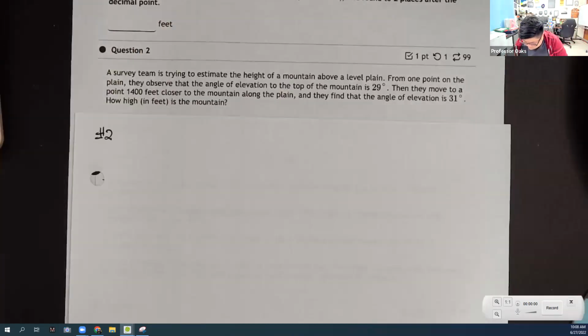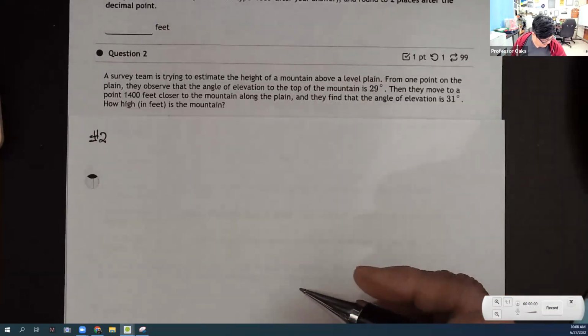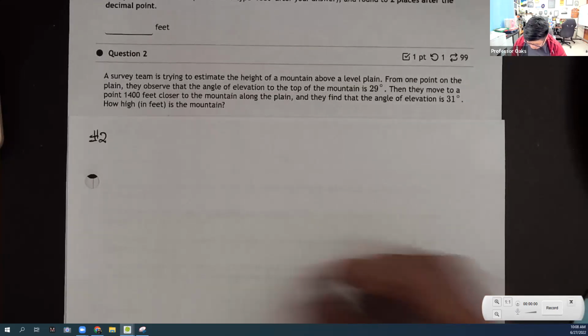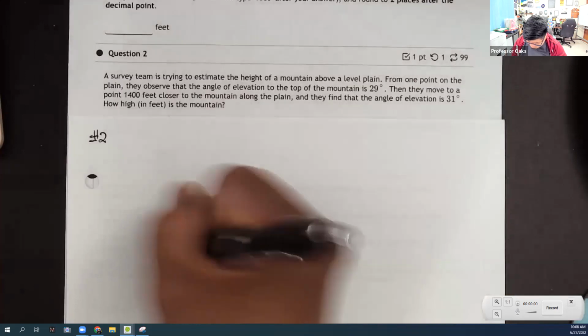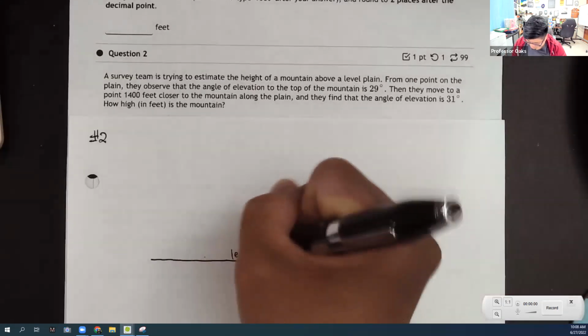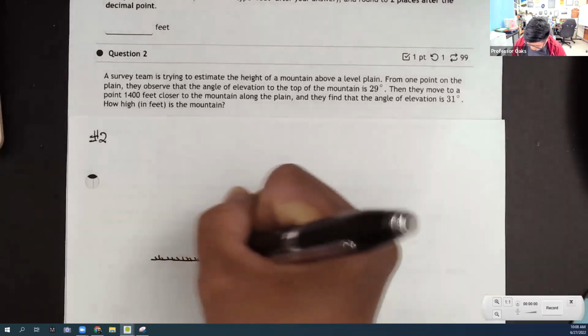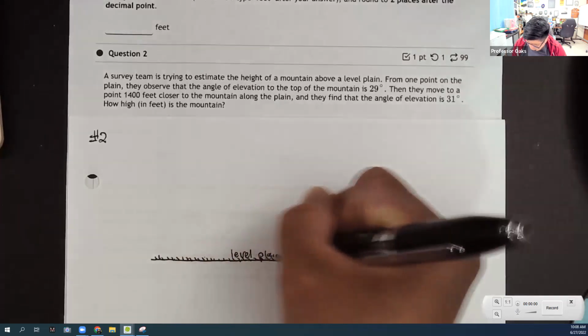So now I will say the plane right here is down here. This would be the level plane down here where the surveyor team is at.